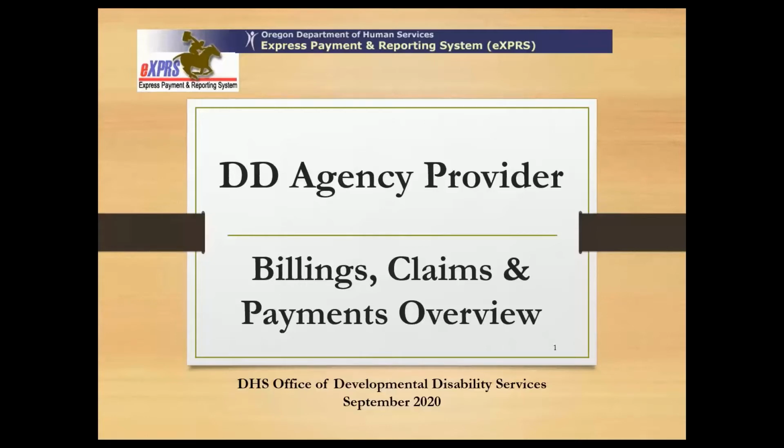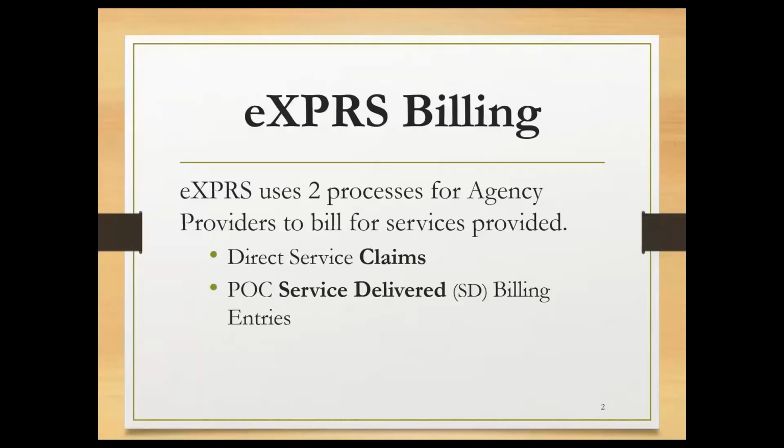So let's just launch right in and get started talking about billings, claims, and payments, an overview for agency providers. So in eXPRS, the payment system that you're all using, there are two particular processes for agency providers inside the system for how you bill for the services that you've provided.